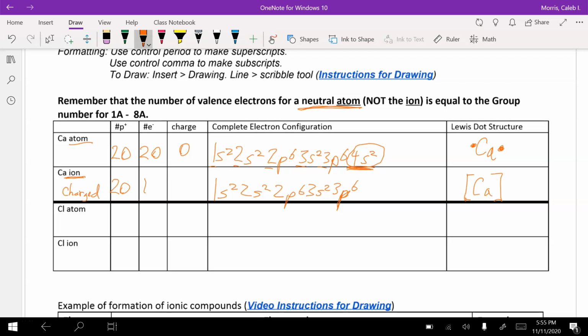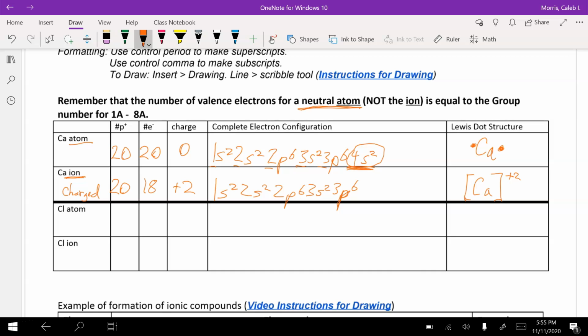That makes this 18. Well, my charge is the positives and the negatives combined. So if I have 20 positive and 18 negative, if I add those together, I would get positive 2. So I have a plus 2 charge. Sometimes you'll see it written +2, sometimes you'll see it written 2+, and it doesn't really matter. Both of them are okay. So that's how we would write the structure for a positive ion.